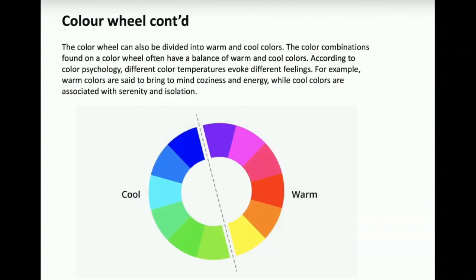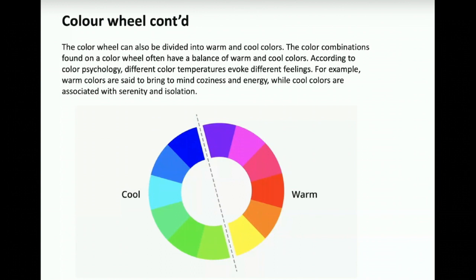One thing you also need to know about the color wheel is that it is divided into two parts. You would see on one side where you have the blue and the green, those parts are called the cool colors. They are always perceived to be calm, to be friendly, and to reflect growth.